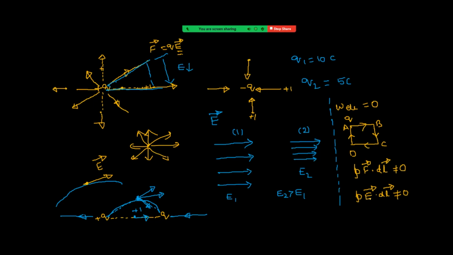So how we got this one means in the place of F bar, I have taken q into E bar, and anyhow charge is not 0, right? That means a closed integral E bar dot dl bar not equal to 0.